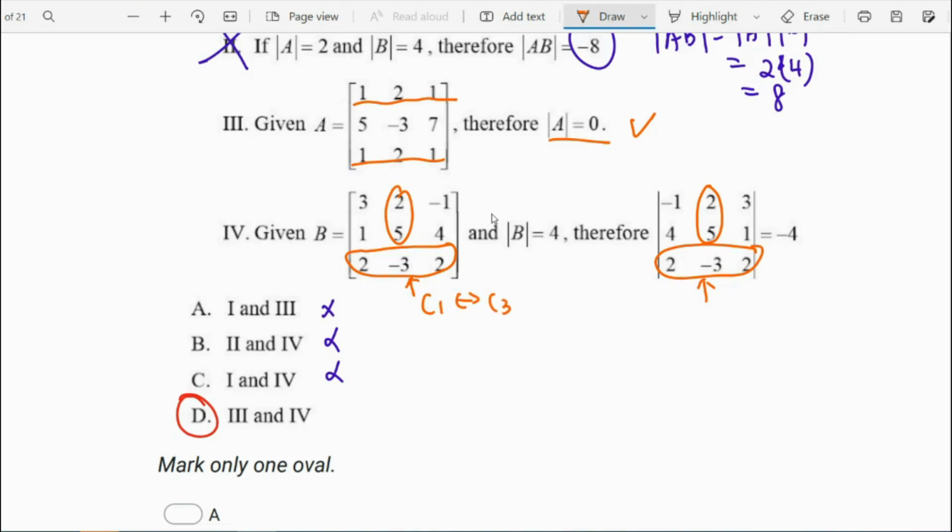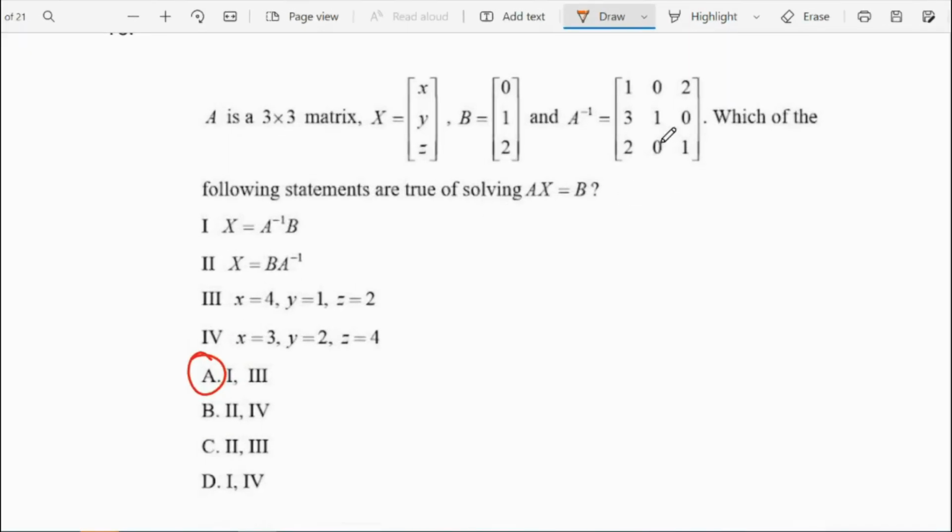So means this column 3 and column 1, they are interchanging. When they are interchanging, they will give you these matrices. So when you have changing of column, your determinant will be negative.